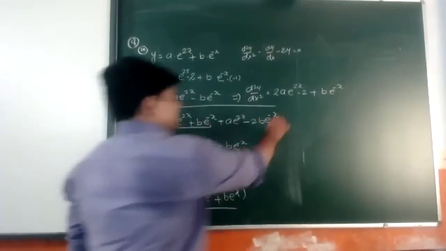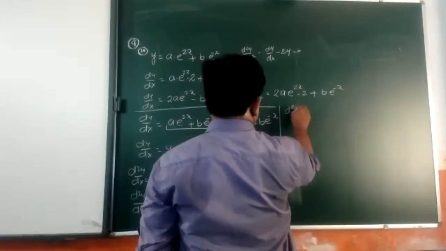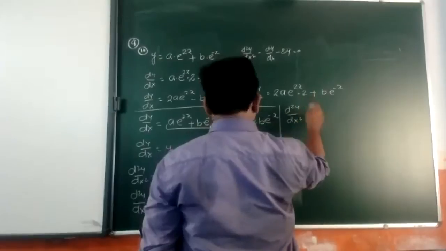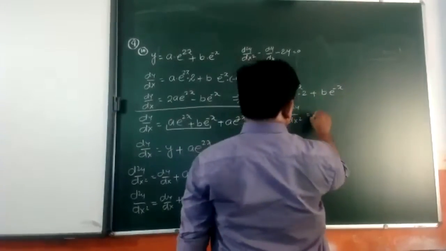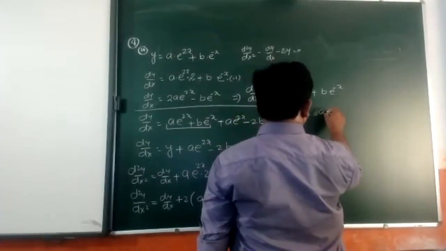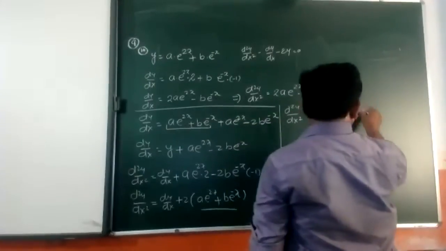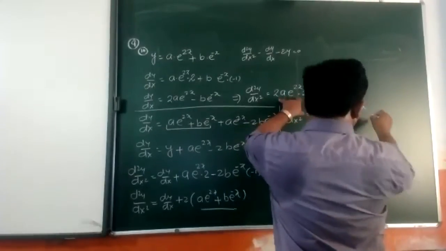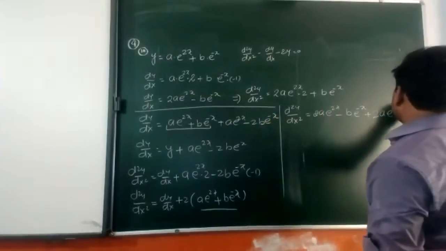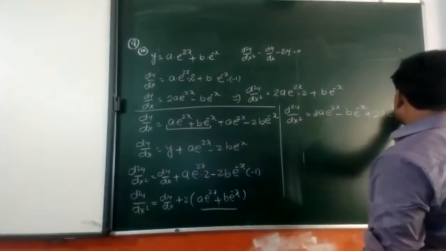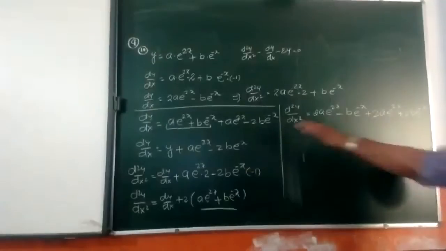Okay, and now after that we will have some arrangement, and it will be something like that: d2y by dx square plus that will be 4. Out of these 4, 2 I am taking here a e to the power 2x minus b e to the power minus x, and two more are there. That 2 I am taking here 2a e to the power 2x plus 2b e to the power minus x. That arrangement I will do here.